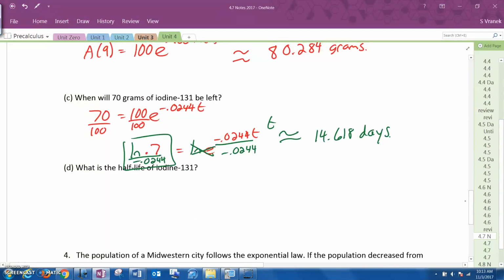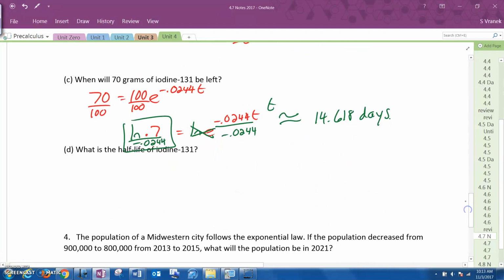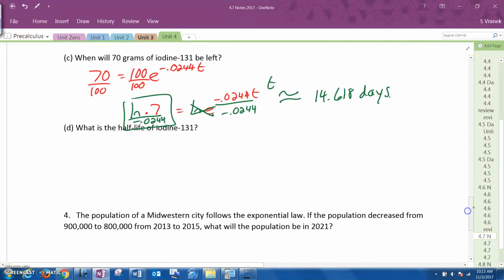What is the half-life? Well, that means how long does it take for it to go down to half of its original starting weight, or mass, I should say. So that would be 50, because 100 is the initial, so half of that would be 50. And then we do the same thing we just did for part C. Divide by 100, so we get 0.5 is equal to this.